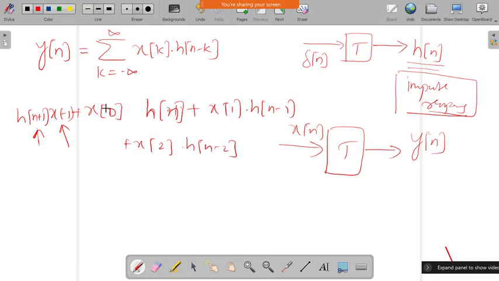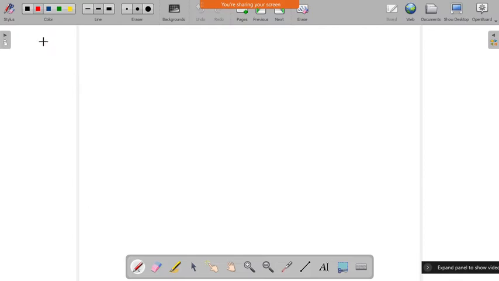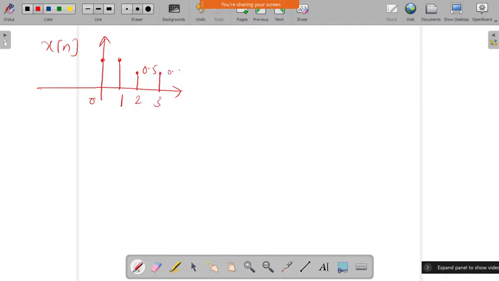Now we'll see, if I give two signals, one an input signal and one an impulse response, how to find the convolution sum. Take x of n, which is given like this: at 0 it is 1, at 1 it is 1, at 2 it is 0.5, and at 3 it is 0.5.